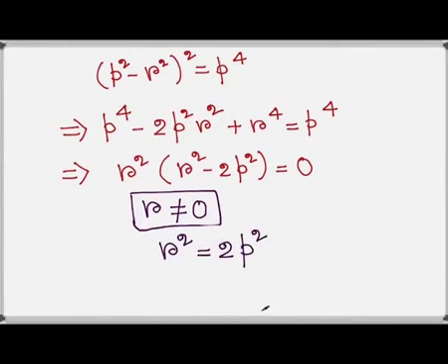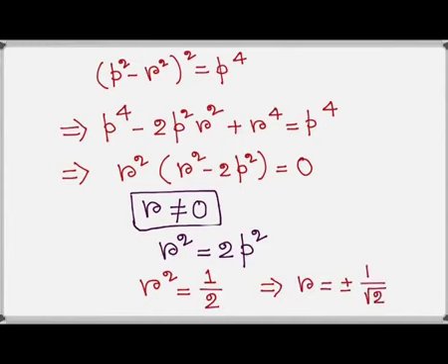That means we have R square is equal to 1 by 2. So R is equal to plus or minus 1 by square root of 2.